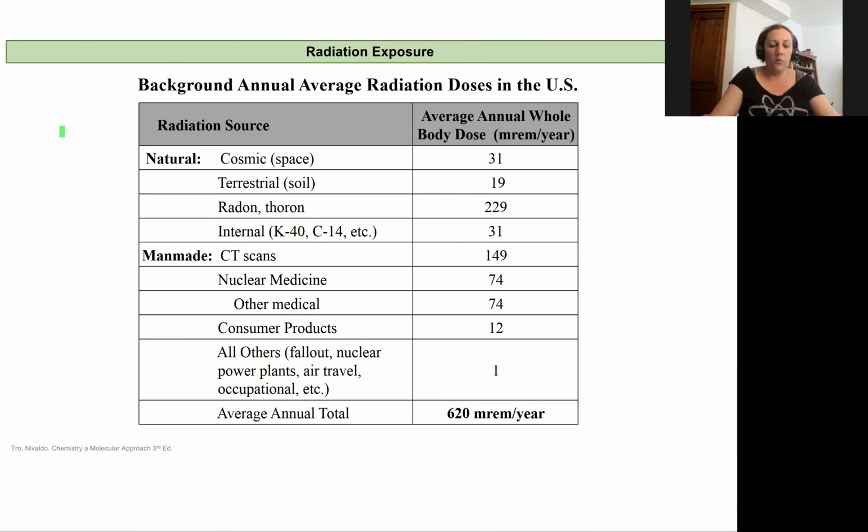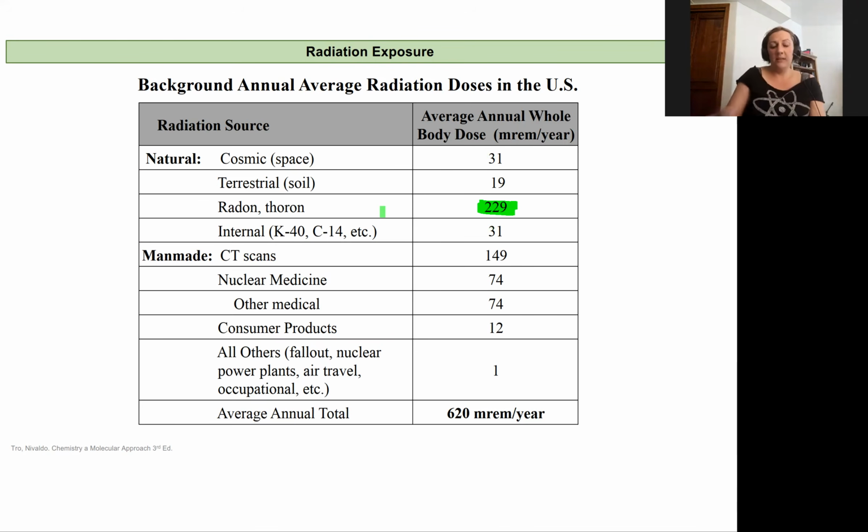Looking at things like cosmic, radiation that's coming in from outer space and hitting the Earth's surface, or radiation that's coming up from the soil, or radon. Radon's still the big one at 229 millirems per year. But these cosmic, terrestrial, and internal ones are all pretty small. And by internal, we mean radioactive isotopes that naturally exist in our body, like carbon-14 or potassium-40.